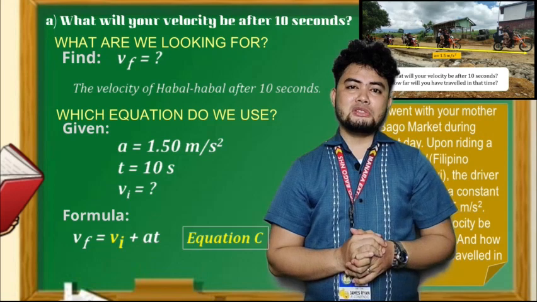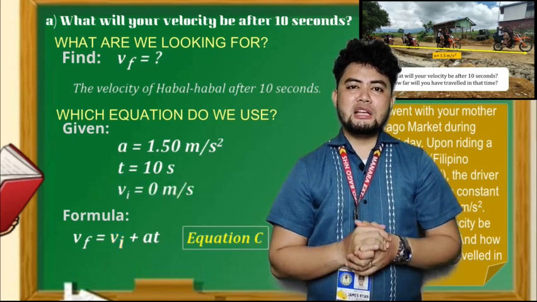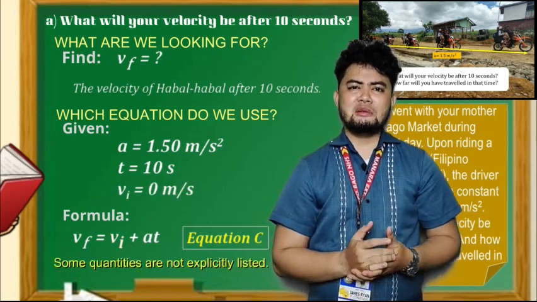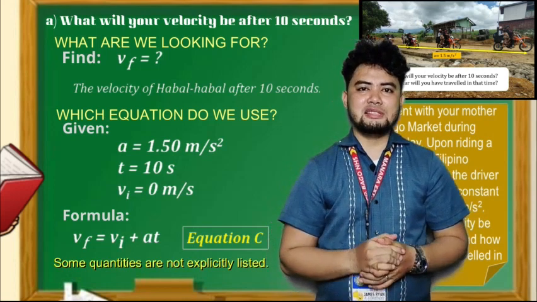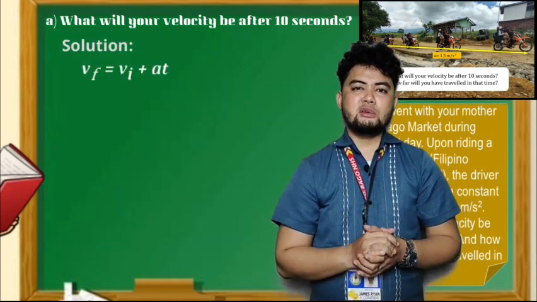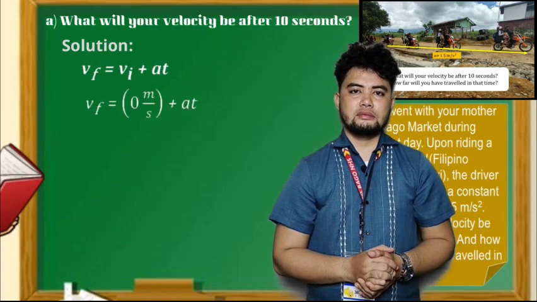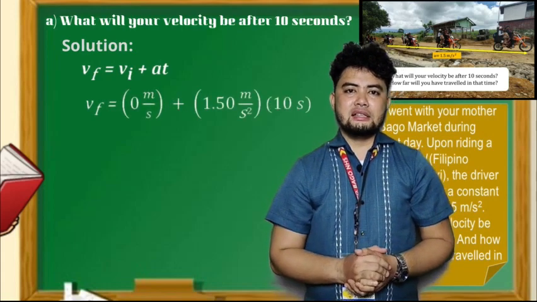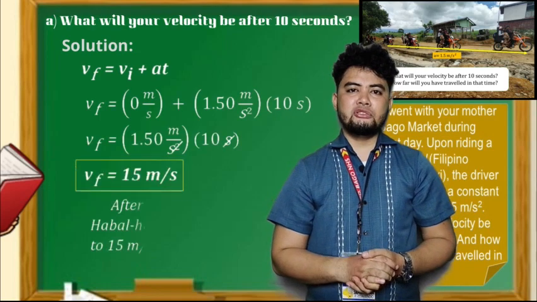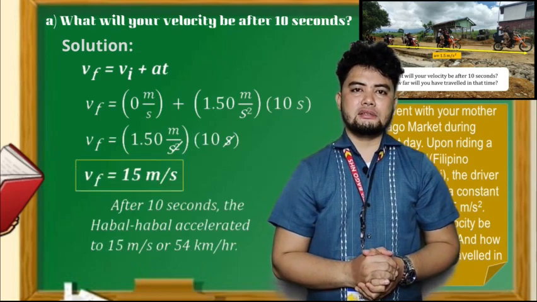Take note that the motorcycle was from rest, so it must be 0. Sometimes we know the things that aren't explicitly listed. So using equation C, let's plug in the values. After 10 seconds, the habal-habal accelerated to 15 meters per second.